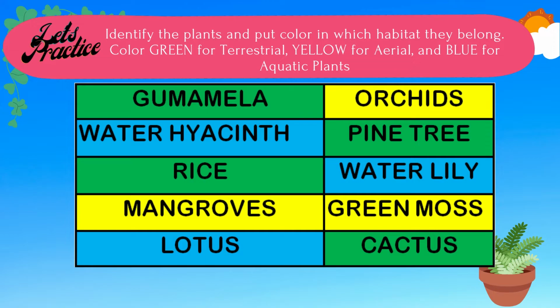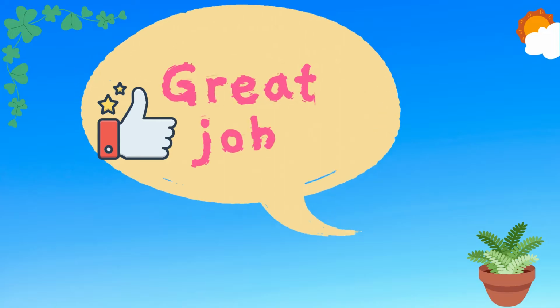And the aquatic plants or AP are water hyacinth, lotus, and water lily. Did you also get the correct answer? Very good. You did a great job.